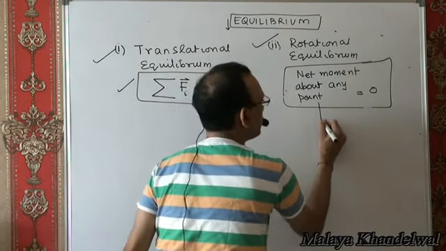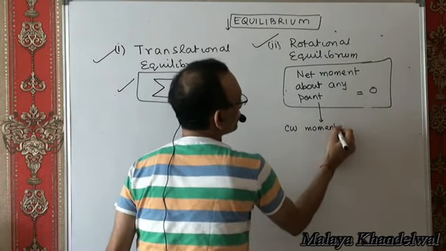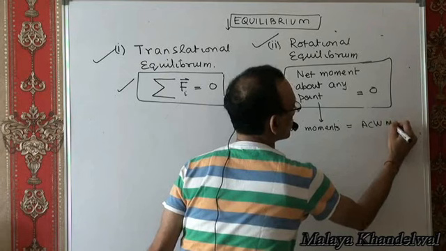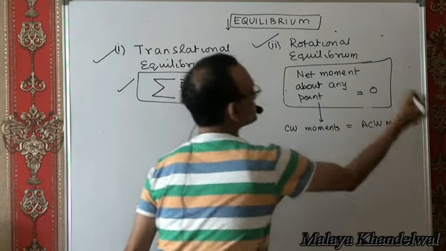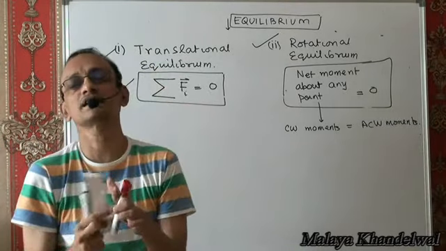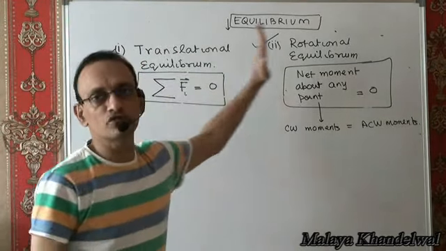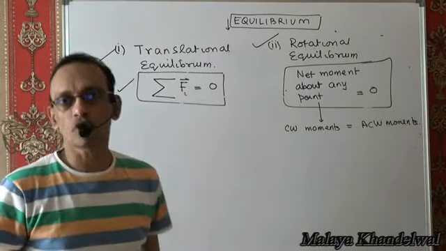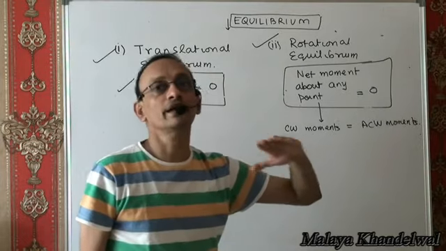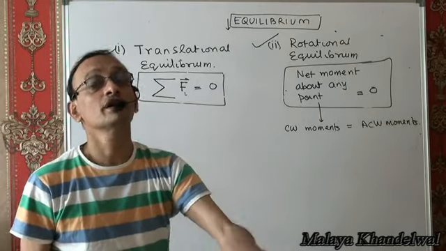Net moment 0 means the clockwise moments must add up to the anti-clockwise moments. So I repeat, if a body is in a state of total equilibrium, one, the vector sum of all forces acting on it must be 0, which guarantees translational equilibrium. Two, rotational equilibrium: the net moment about one point being 0 will guarantee net moment about any point being 0.